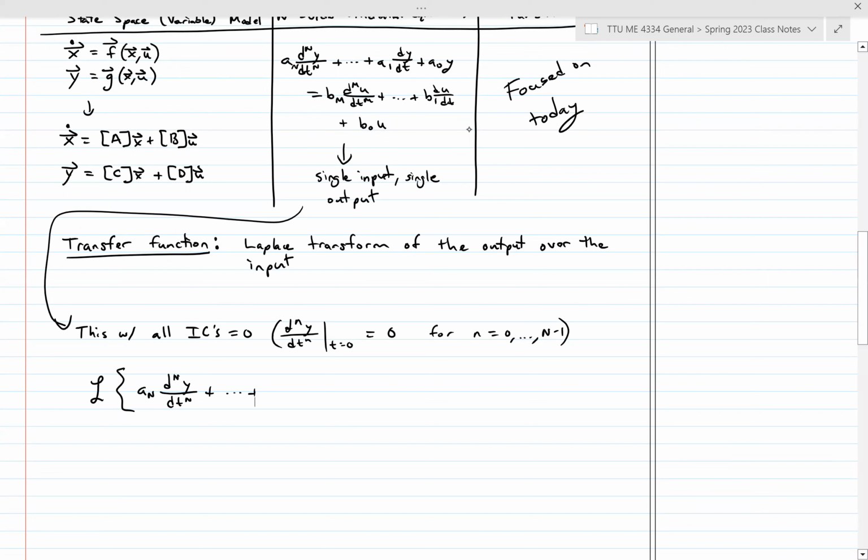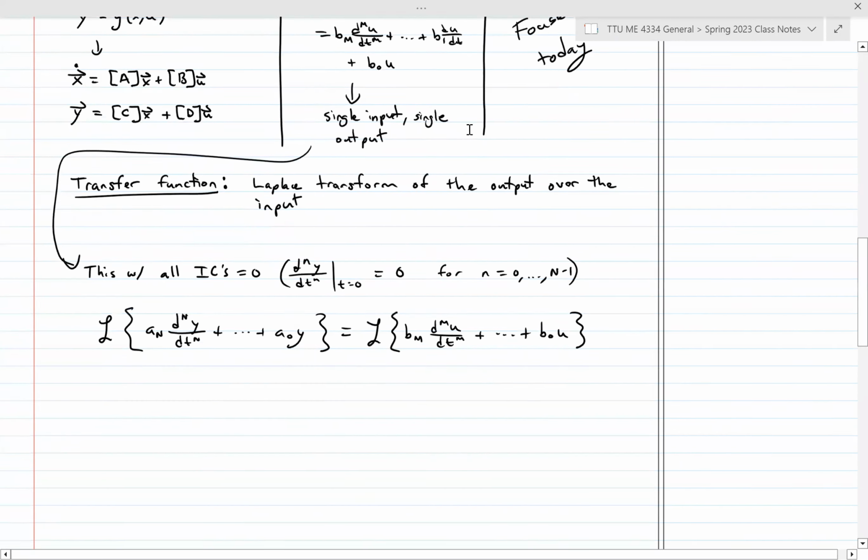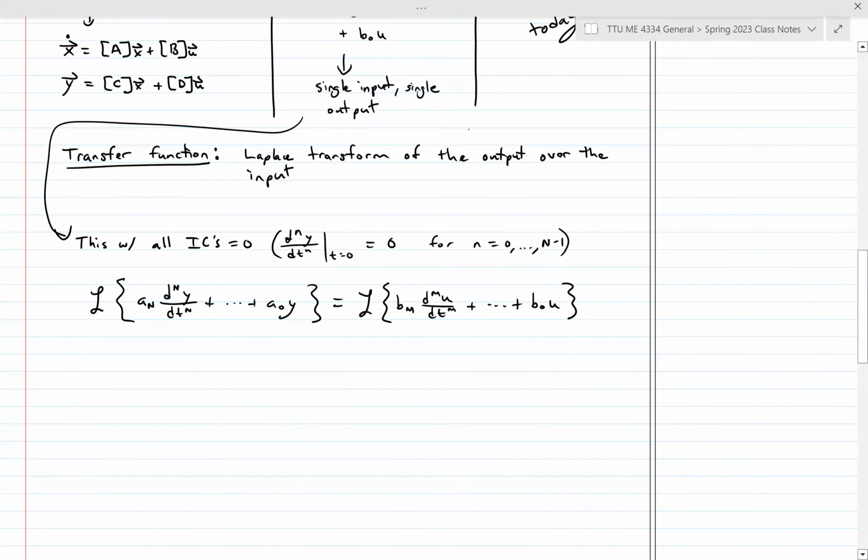I'm just going to skip down to the a0 times y here. Take a Laplace transform of both sides and then solve for y over u. So Laplace transform of a0 times y, that's implied to be y as a function of time.